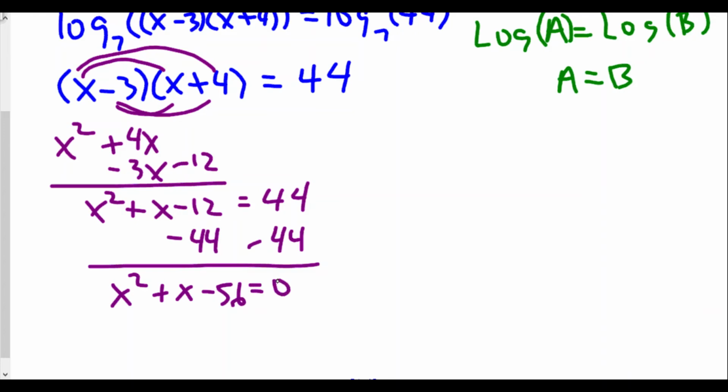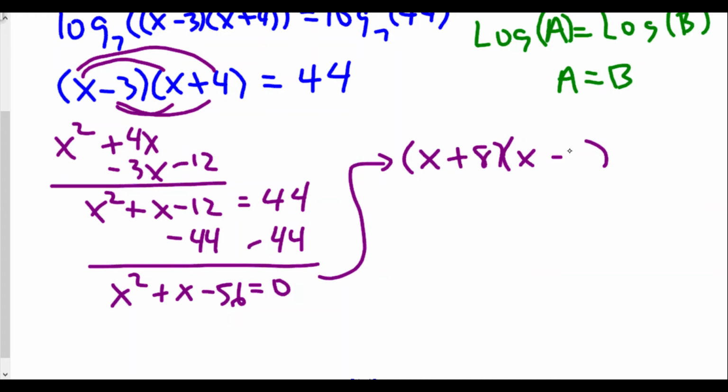Okay, great. So now we're going to factor, and try to find two numbers that multiply to negative 56 and add to 1. We know it's x times x to get x squared. The two numbers that multiply to negative 56 and add to 1 are positive 8 and negative 7.